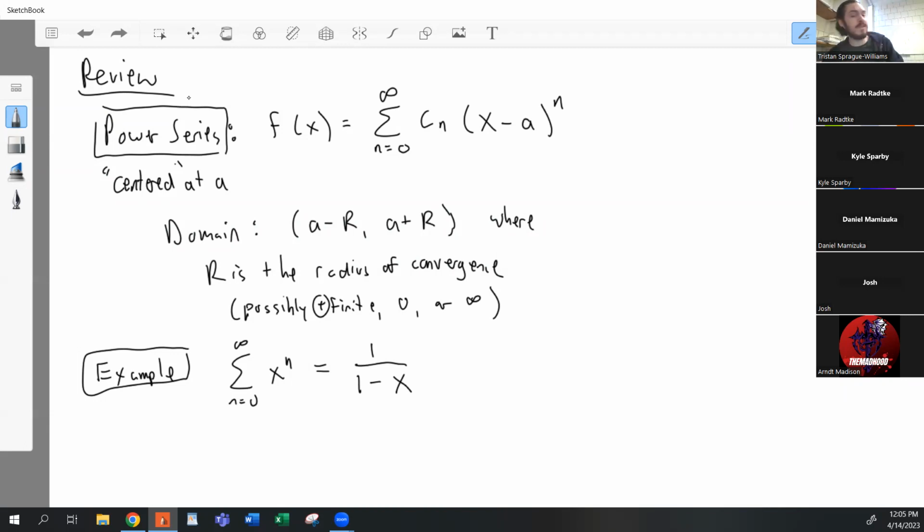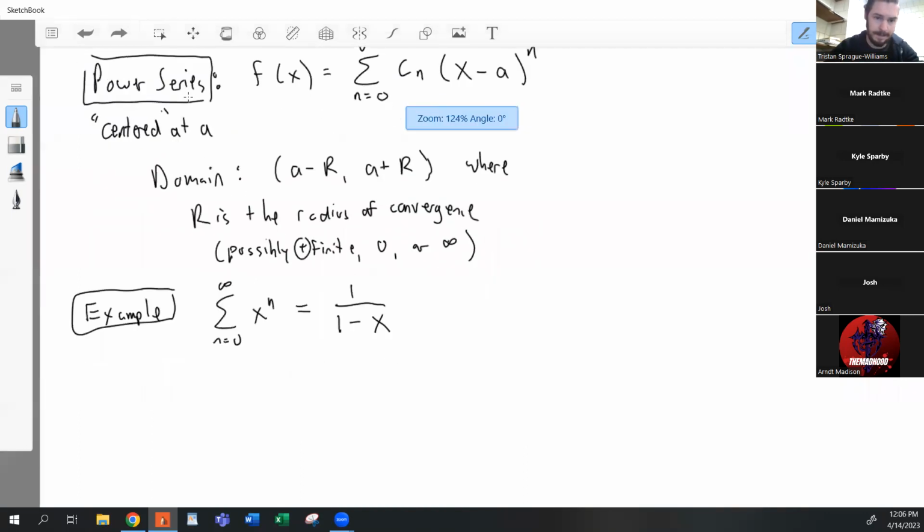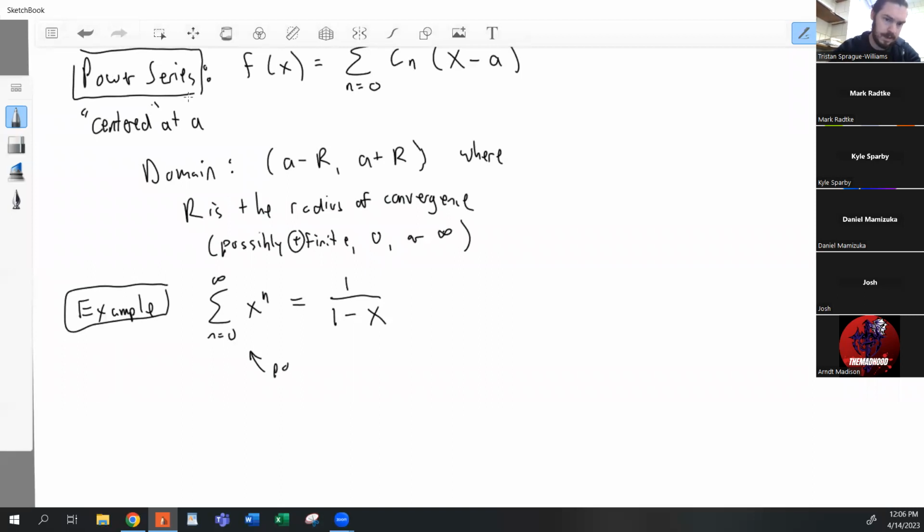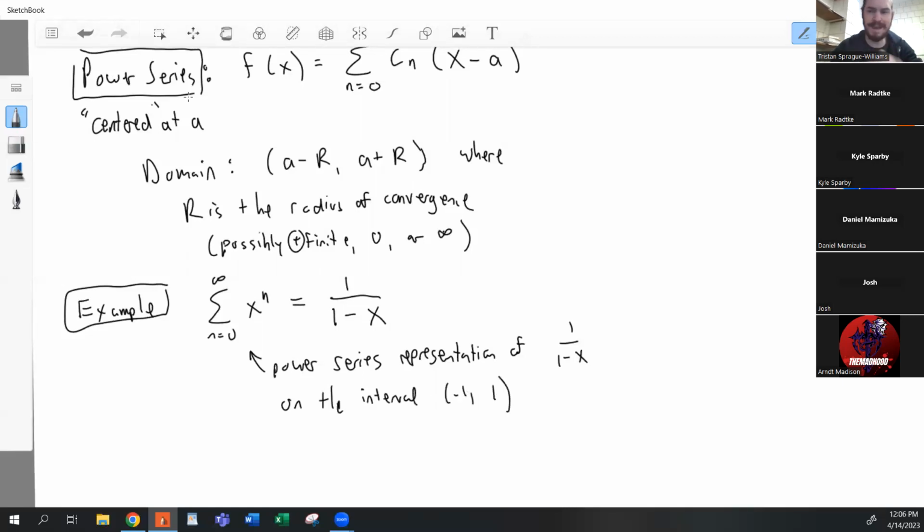This is called a power series representation of the function 1 over 1 minus x on the interval -1 to 1, which is that power series interval of convergence. Outside of that interval, it diverges.